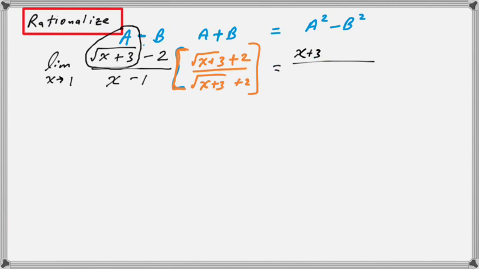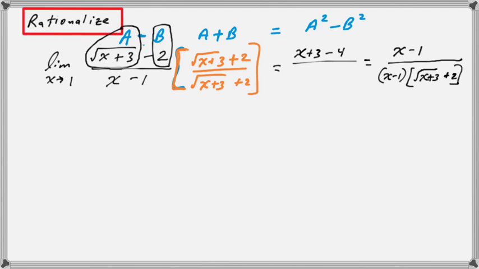And if this is b, b squared would be 4. So what does that make the numerator? X minus 1. It might cancel with the x minus 1 on the bottom. So I think this would cancel with that, leaving me 1 over radical x plus 3 plus 2.